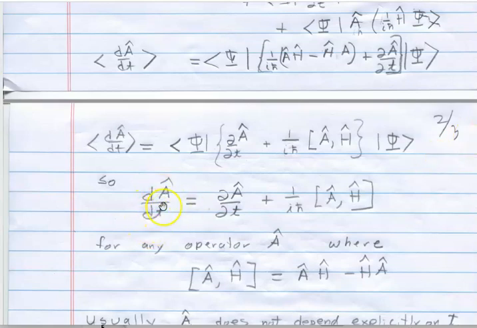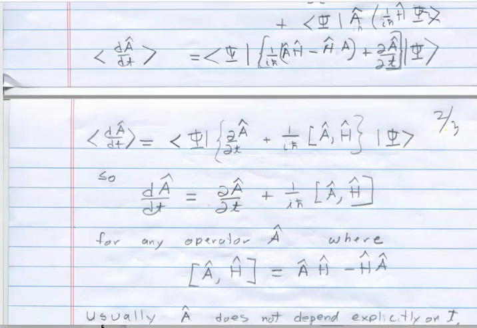The time rate of change of a quantum operator is just the partial derivative of it with respect to time, plus 1 over iħ times the commutator of A with the Hamiltonian of the system. So in a certain sense, the Hamiltonian helps to generate the time dependencies of operators.